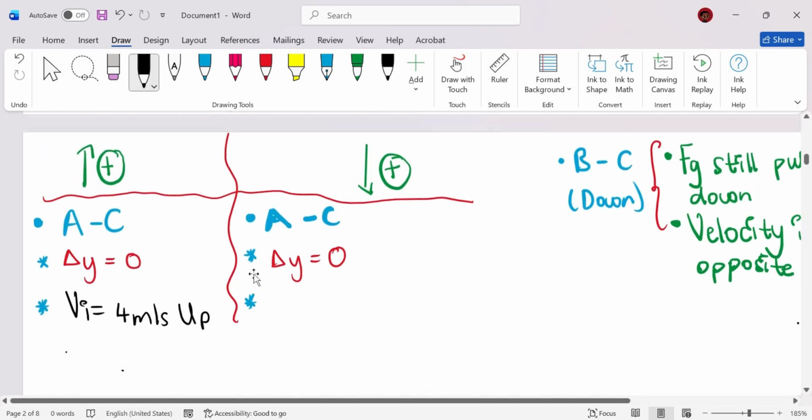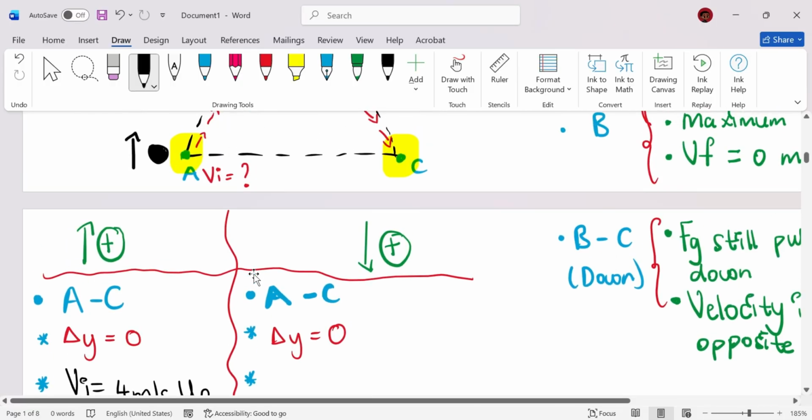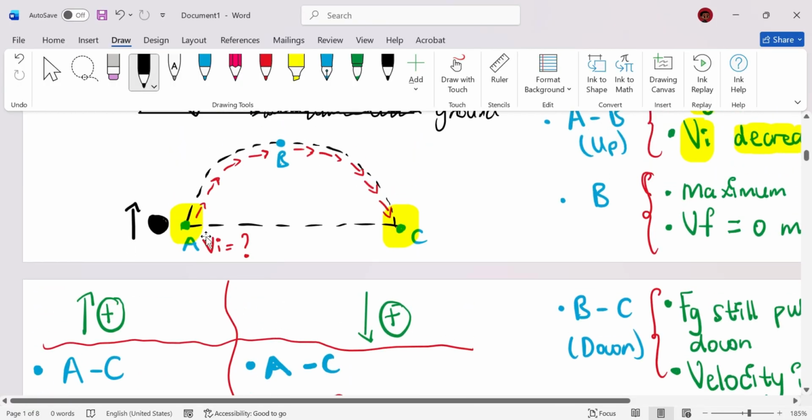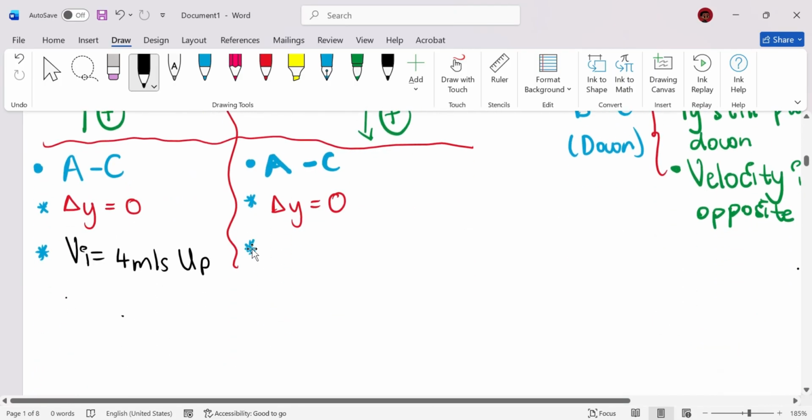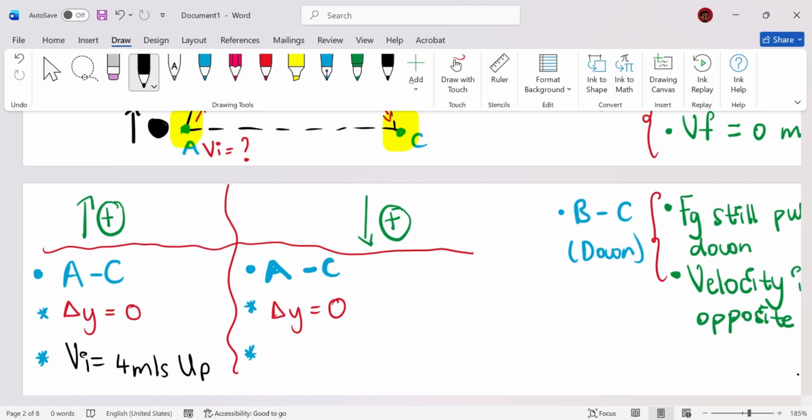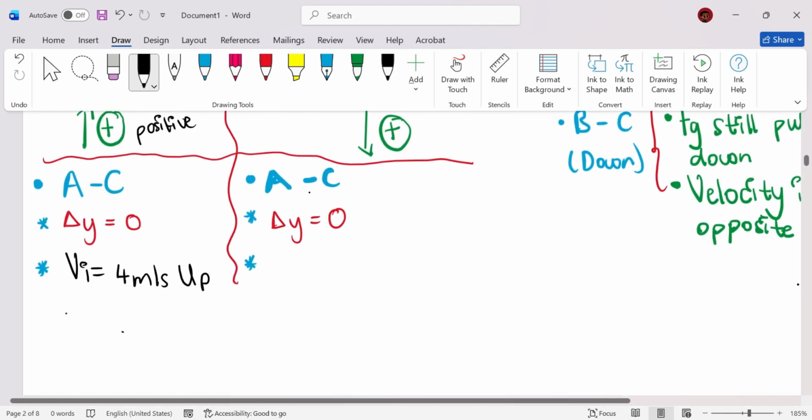Notice how I have said that at point A the initial velocity was 4 meters per second upwards. And remember, this is where I choose upwards as positive. So up is positive in this case, meaning anything up must also be positive. That is why I have a positive 4.